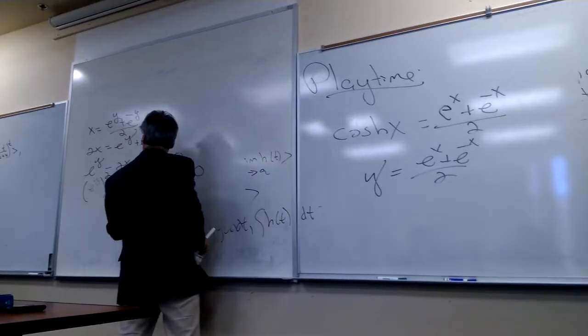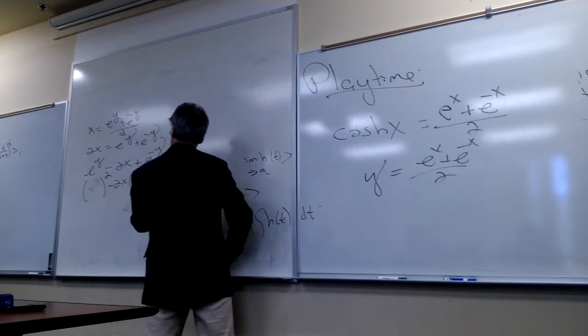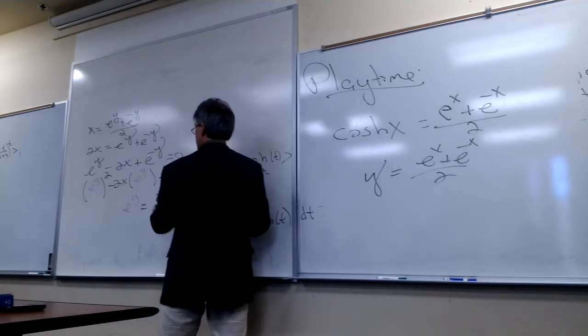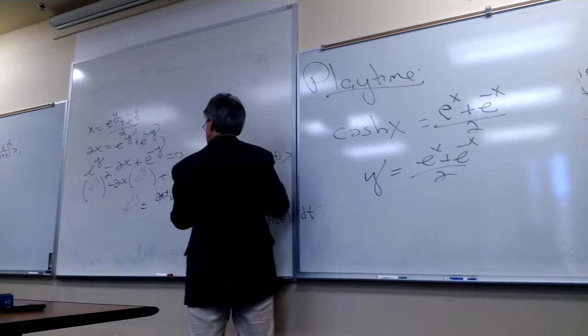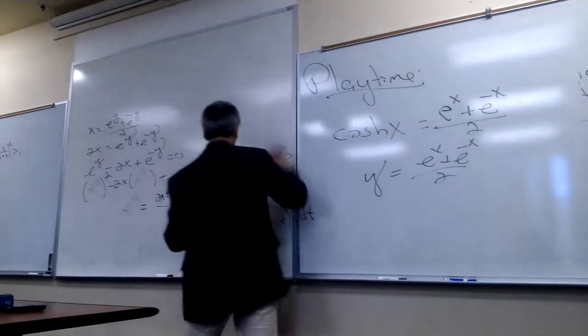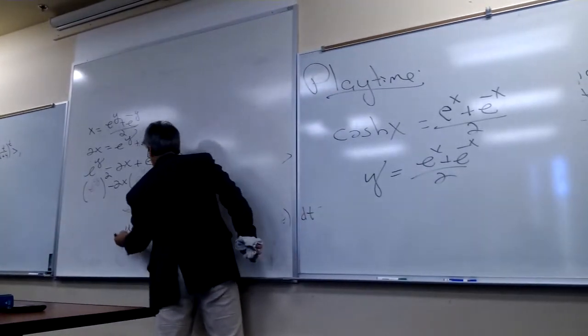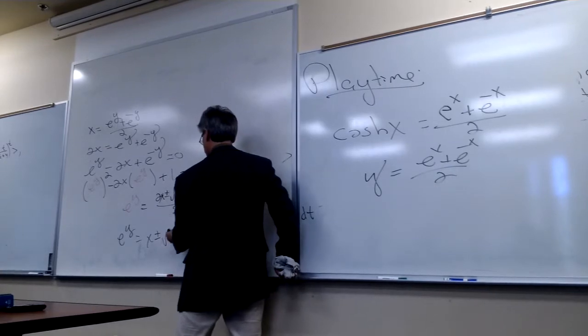Negative b plus or minus the square root of b squared, minus 4ac, all over 2a. So e to the y is nothing more than x plus or minus the square root of 4x squared minus 4.